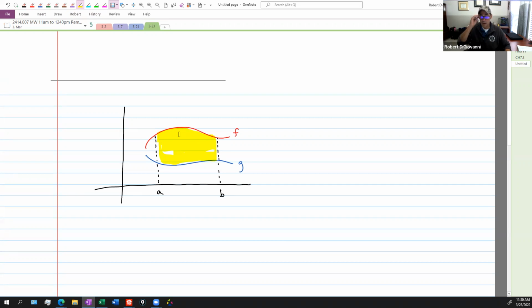So I start by taking an arbitrary rectangle. This is arbitrary, it can be anywhere. And then to the side, I'm going to draw that rectangle again. I told y'all last class, get used to doing this because you'll need it later. Well, later is today. The top function is f, the bottom function is g.